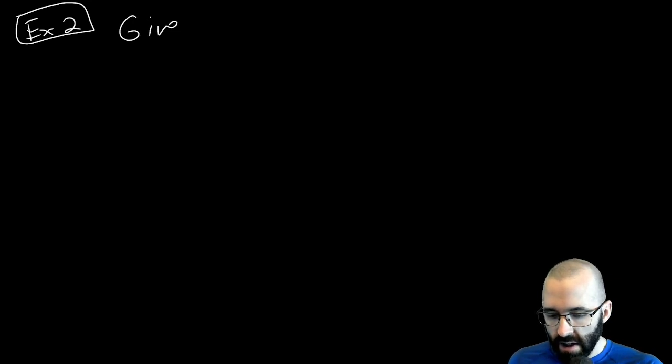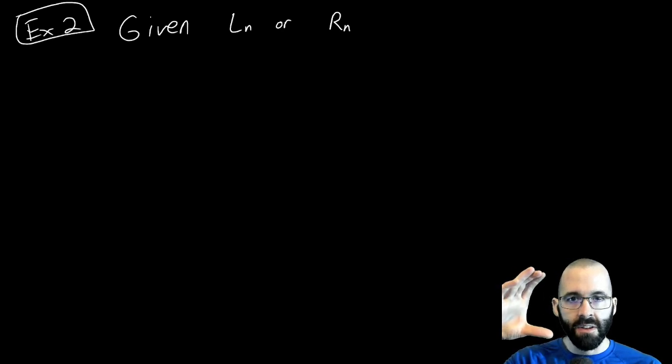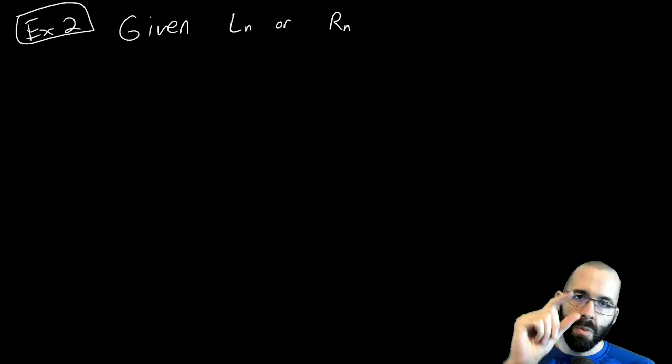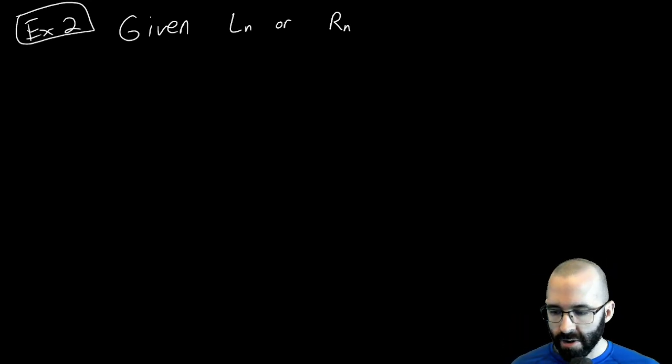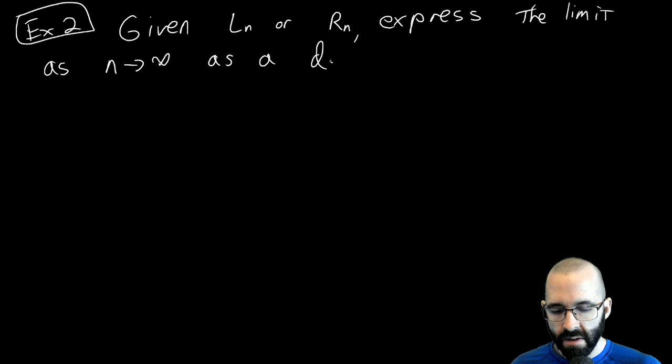So given L sub n or R sub n, remember these are the Riemann sums with n rectangles, where those rectangle heights are either decided from the left endpoint of each subinterval or the right endpoint of each subinterval. Express the limit as n goes to infinity as a definite integral.